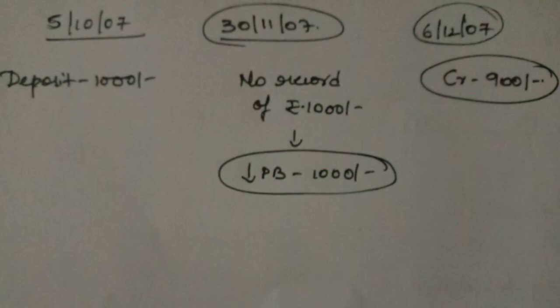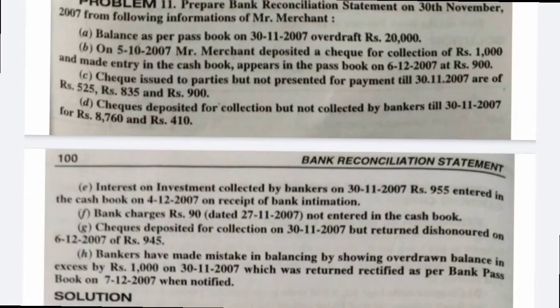The next one, checks issued to parties but not presented for payment till 30th November are of rupees 525, 835 and 900. These three checks were not presented to the bank for payment, which means no payment was made by the bank to the third party.